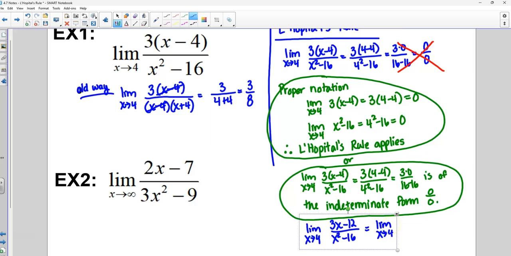You're going to take the derivative of the top and the derivative of the bottom. This is not a quotient rule. You are taking the derivative of 3x minus 12, which is 3, and the derivative of x squared minus 16, which is 2x. Then you can plug in 4: 3 over 2 times 4, which will equal 3 over 8.